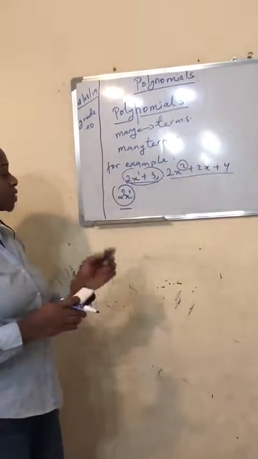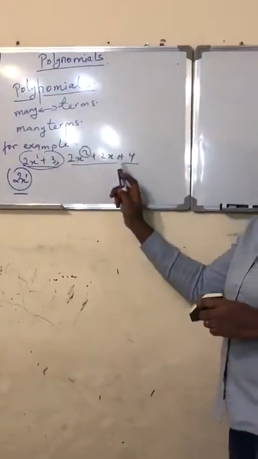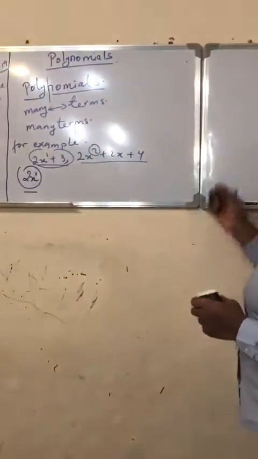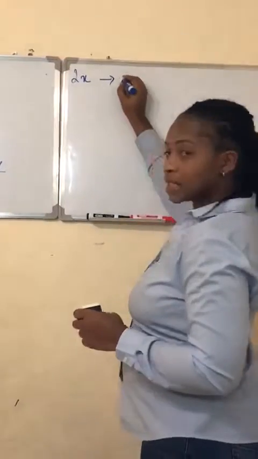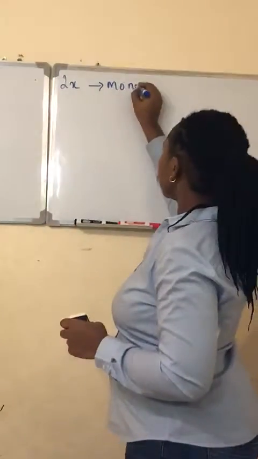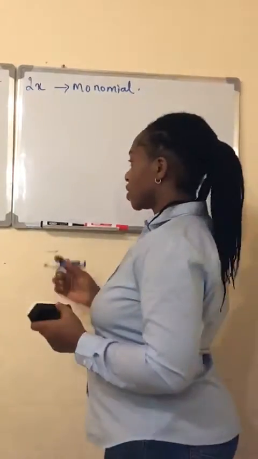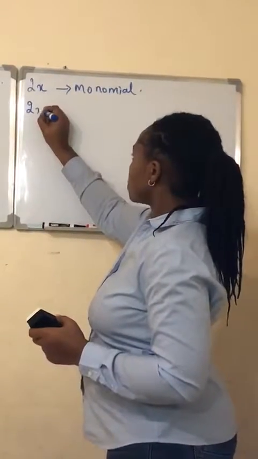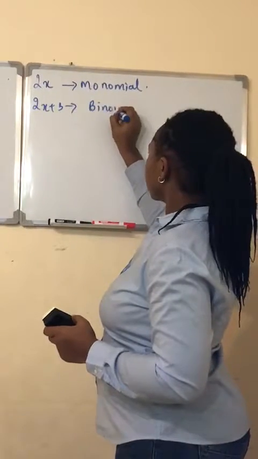Now, we are going to see the different names allocated to expressions having one term, two terms, and three terms. An expression with just one term is referred to as a monomial. An expression with two terms is referred to as a binomial.